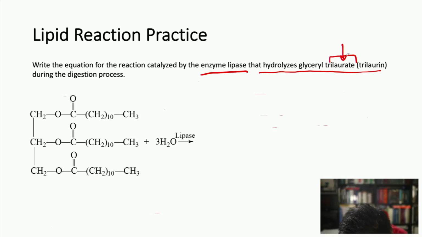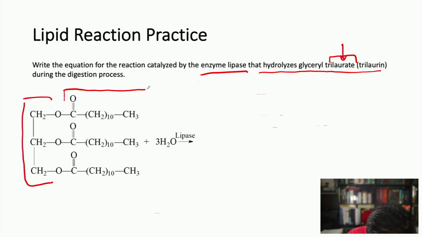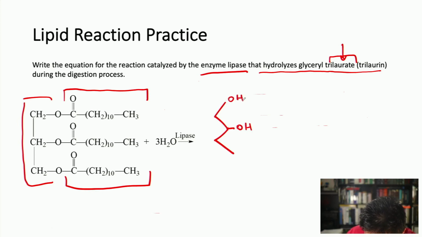We'll start with this here. We have our glycerol right there, remember? And then we have our fatty acid part right here. All right, okay, easy stuff. So let's start out by just drawing our glycerol. Right, there's my glycerol, okay?